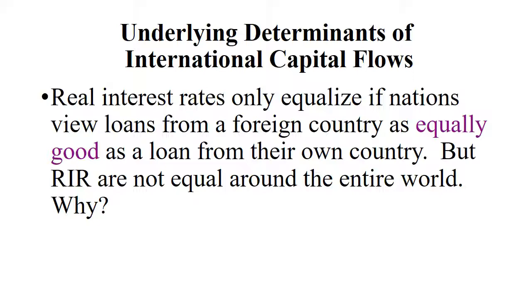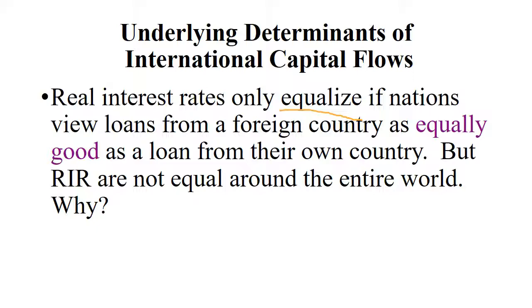The rule that we just saw about real interest rates equalizing, going up in countries that had low interest rates and going down in countries that had high real interest rates, that rule does work, but only if both nations are viewed as equally good choices. Is this a safe place to get a loan from? Is this a safe place to save my money?